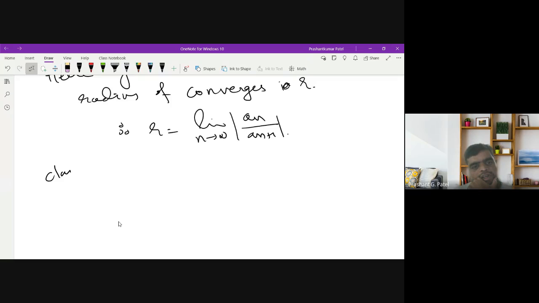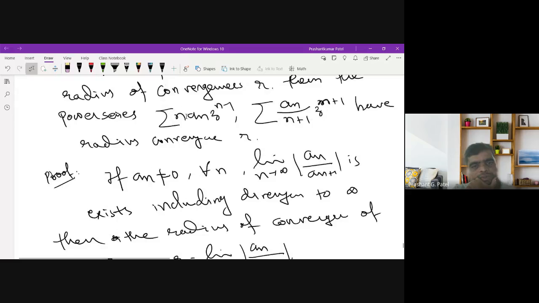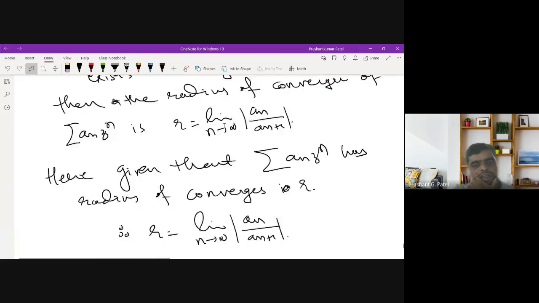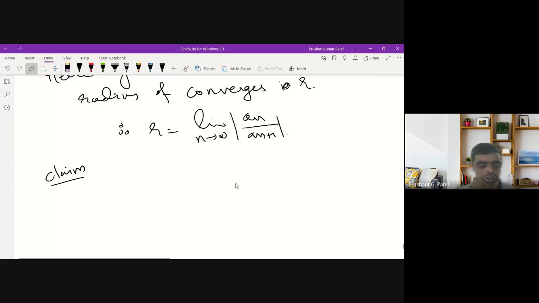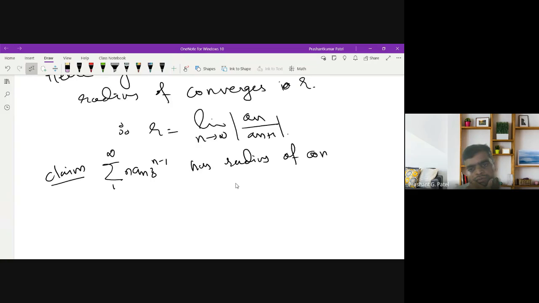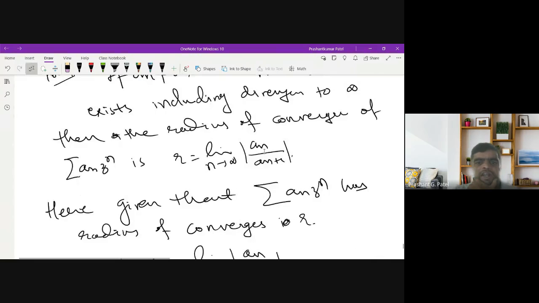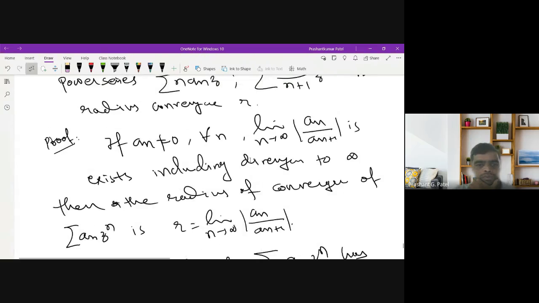So our claim for the first thing is to prove that the summation from 1 to infinity of n into a_n z raised to n minus 1 has radius of convergence R. As per the statement, R is the limit of a_n upon a_(n+1).